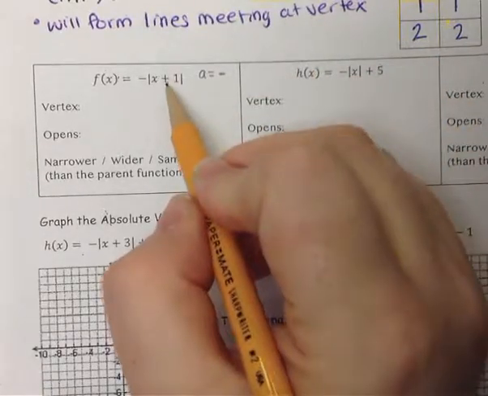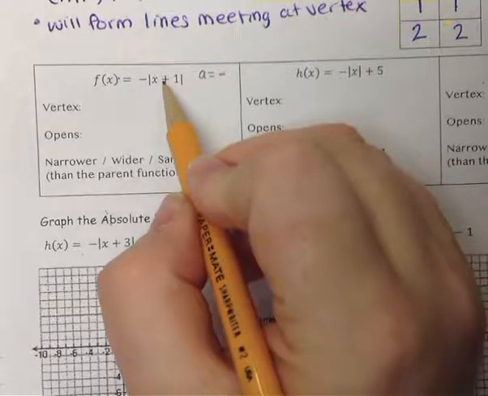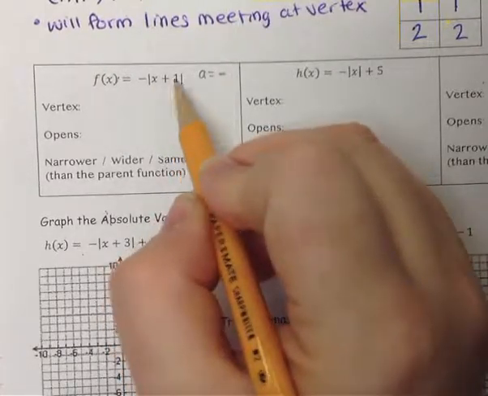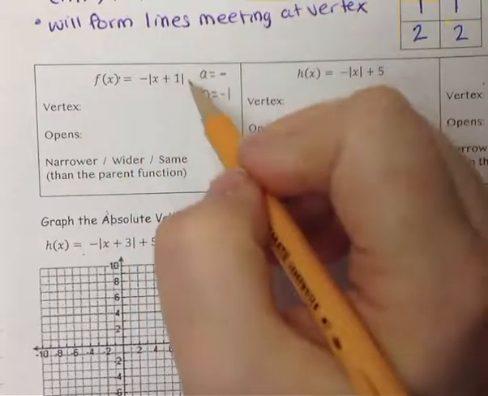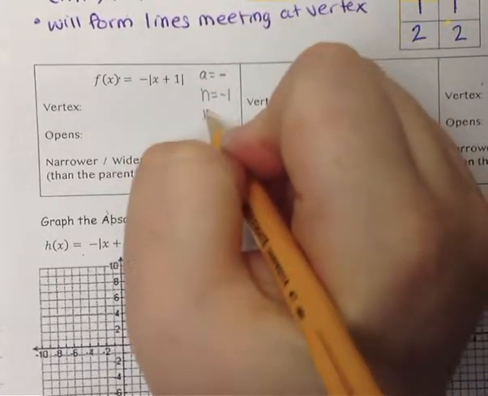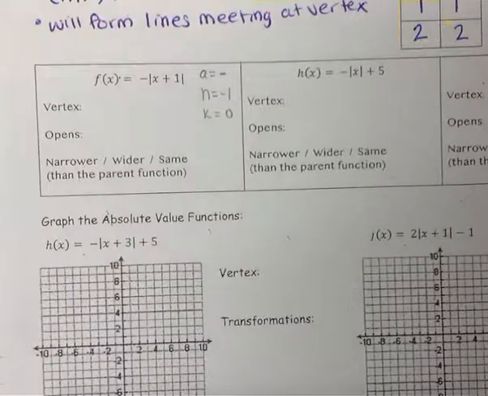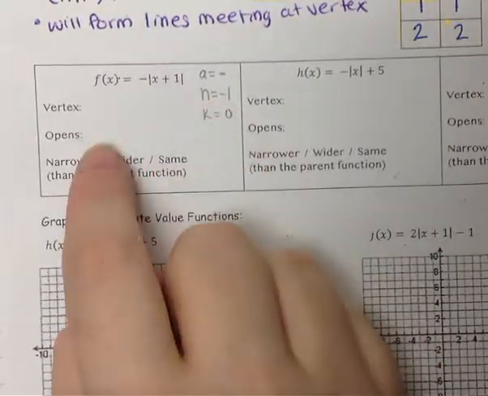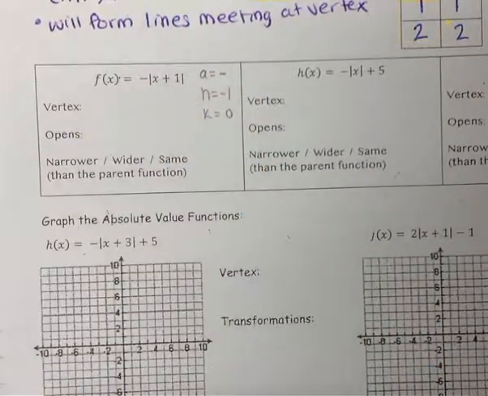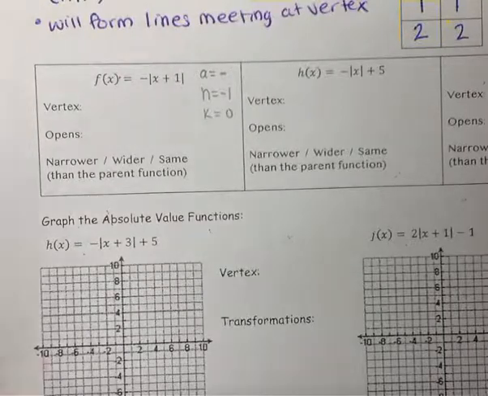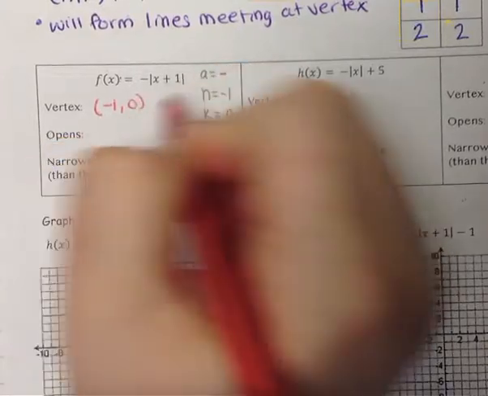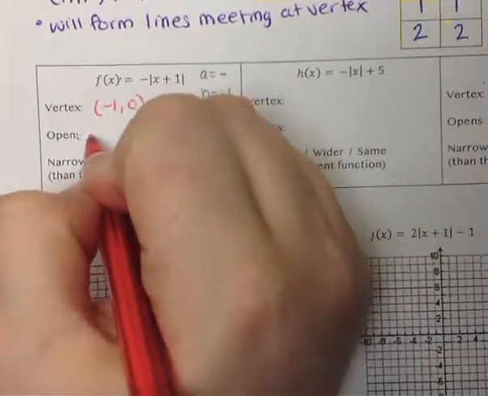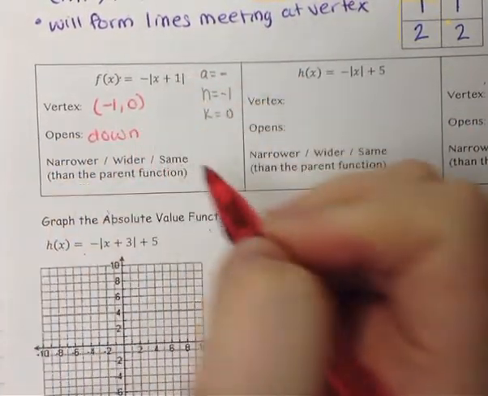Our h value, again, it's x minus h, so it has to be x minus a negative 1. So h is actually a negative 1, but your k value on the outside is 0, because that tells us if it opens up or down and what our vertex will be. So our vertex for this one is our h comma k, so it's going to be that negative 1 comma 0, and it's going to open down because our a is negative.